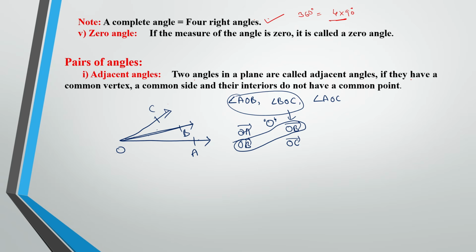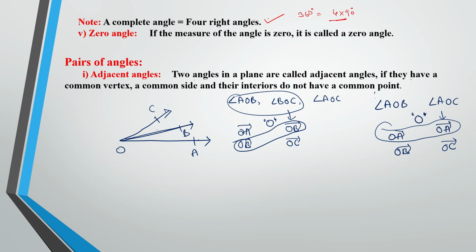And if you compare the first angle and the third angle, angle AOB and angle AOC, observe that these two angles have common vertex O. Angle AOB is formed by the OA ray and OB ray, and angle AOC by the OA ray and OC ray. These two angles also have a common vertex and a common arm OA.